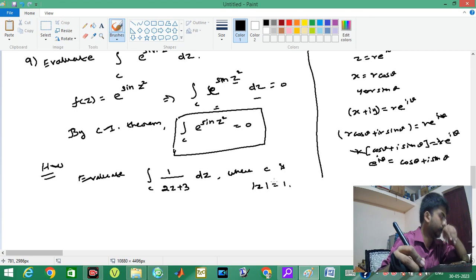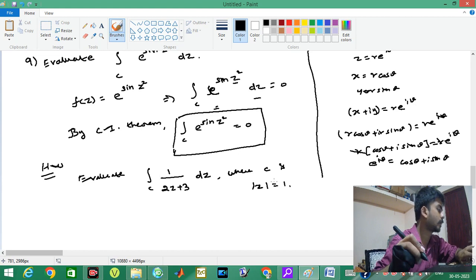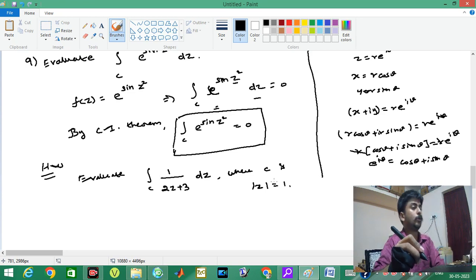We have done a very similar problem, close to this, but anyway, solve this problem. Yes, we have done 1 by 2z minus 3, but you have to do this problem.